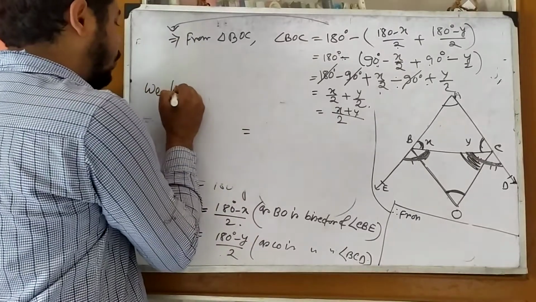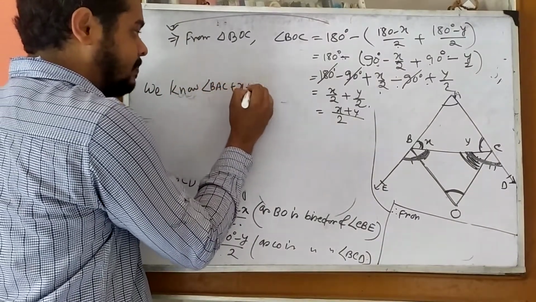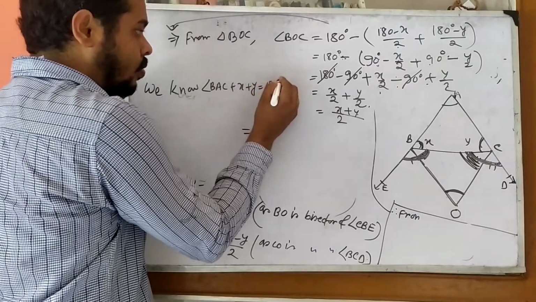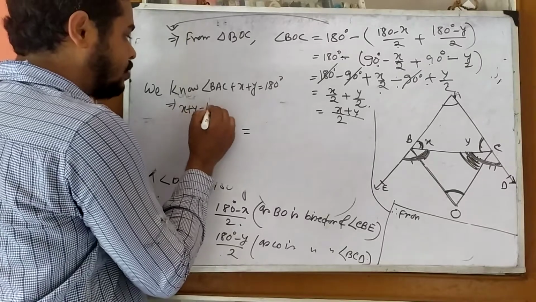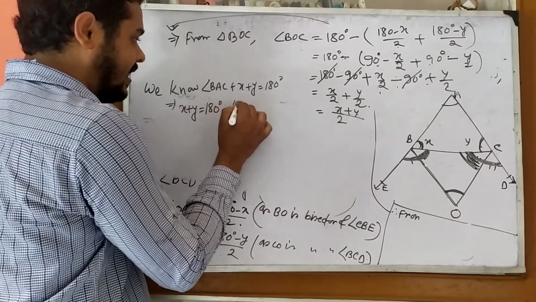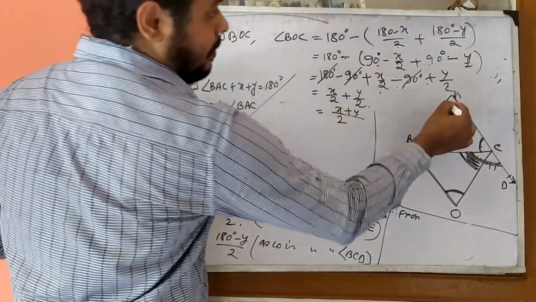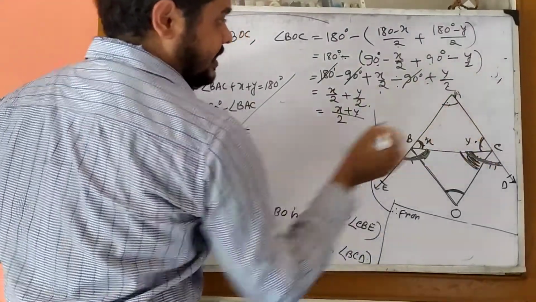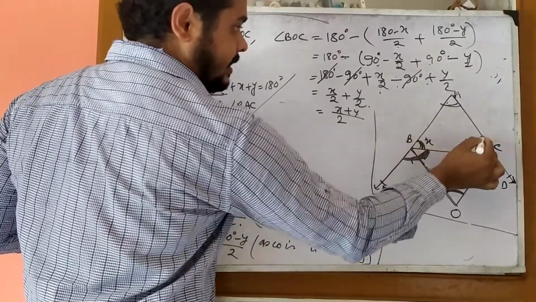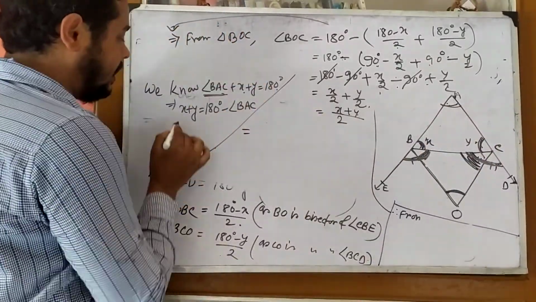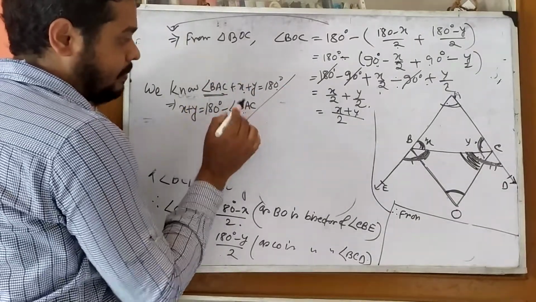We know angle BAC plus X plus Y equals 180 degrees, therefore X plus Y equals 180 minus angle BAC. Why? Because the sum of all these three angles is 180 degrees. So BAC plus X plus Y equals 180 degrees, so X plus Y equals 180 minus BAC.